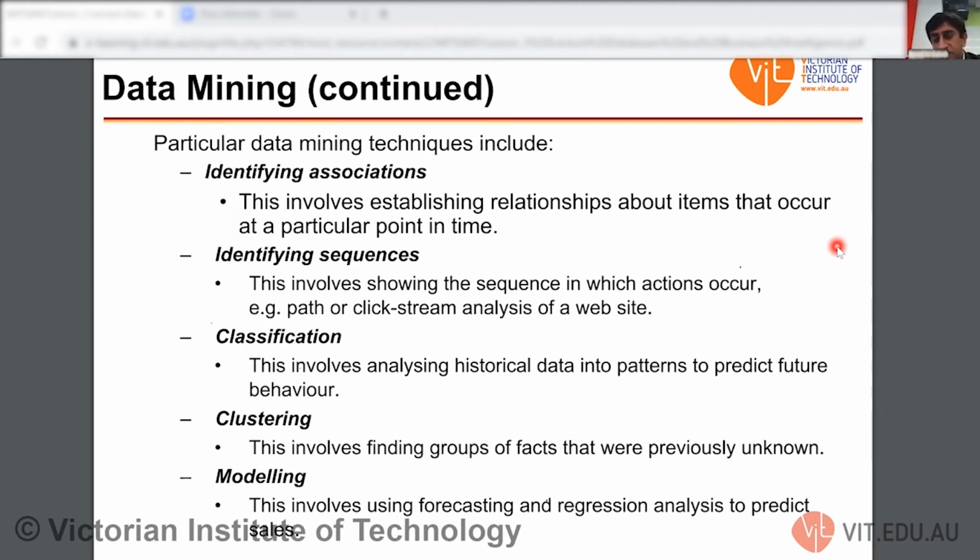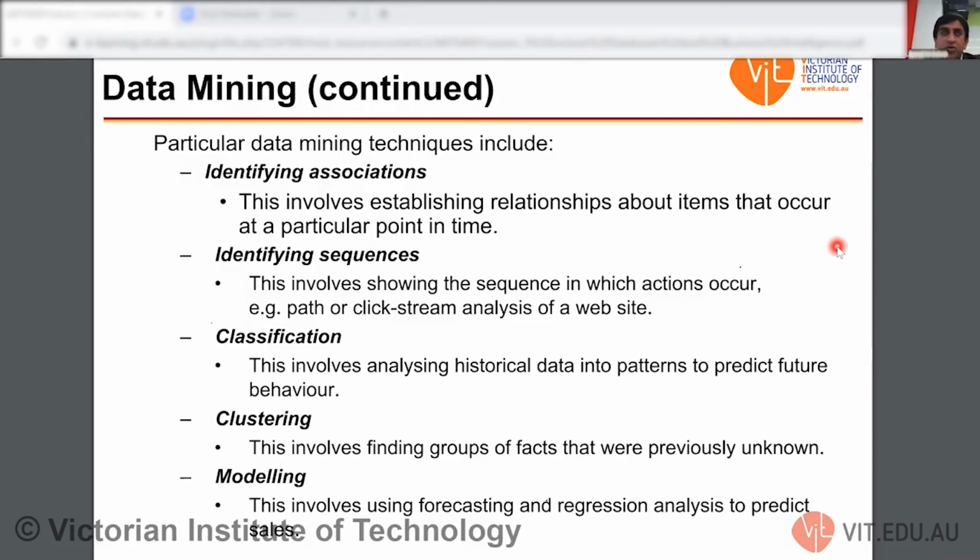Clustering is also a data mining technique through which we can cluster different groups and apply rules based on the groups. For example, we can have a look and say that people who belong to a certain age group, for example 20 to 40, may have similar requirements. 50 to 60 may have similar requirements. 0 to 10, we can group them into groups, and based on the groups we can say that this cluster has a specific requirement.